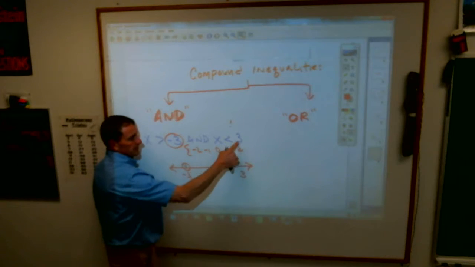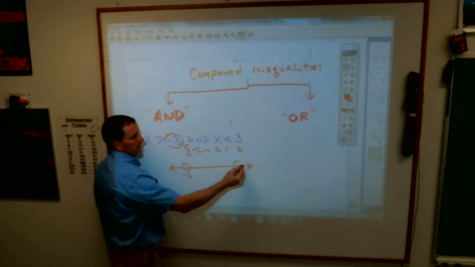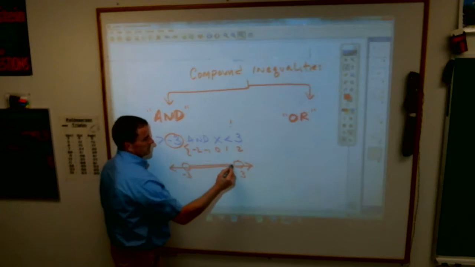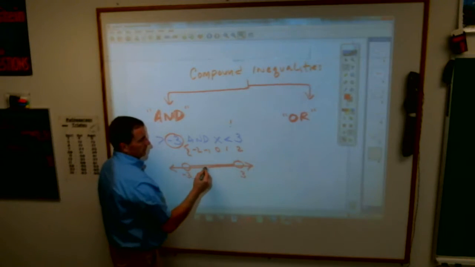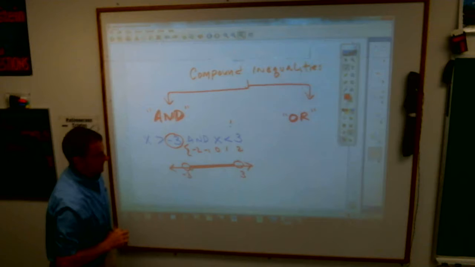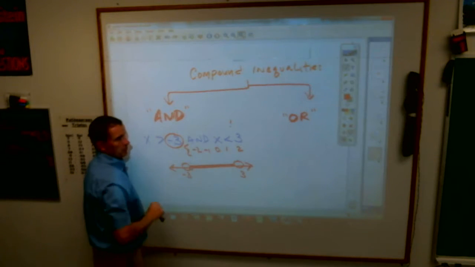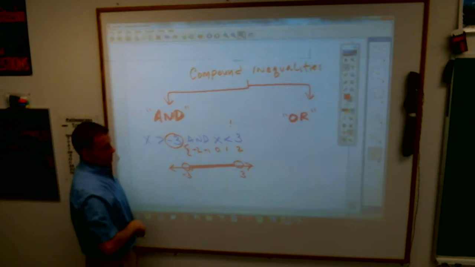And since there's no equal sign under there, you make an open circle. And all of the answers are everything that's in between. So you end up with a line colored in between the two numbers, because when it's "and", it means both of them have to be true. When you get to "or", it's one or the other.